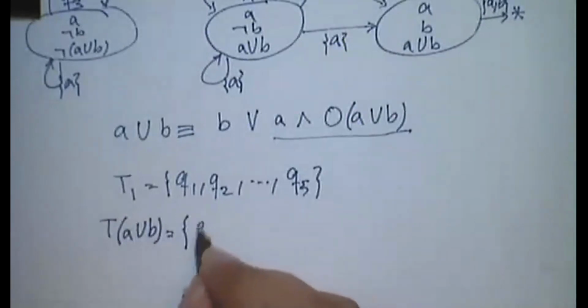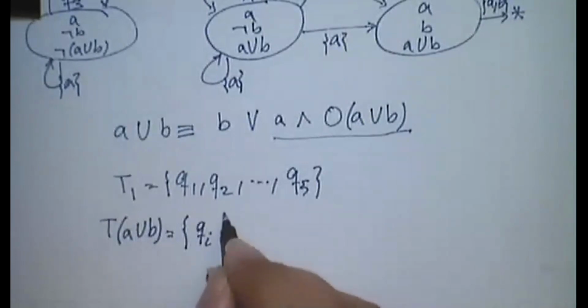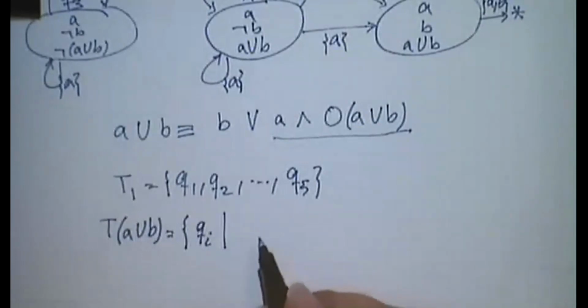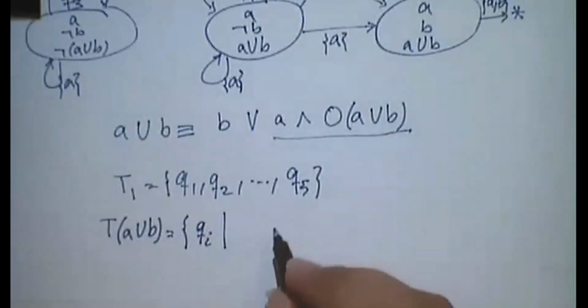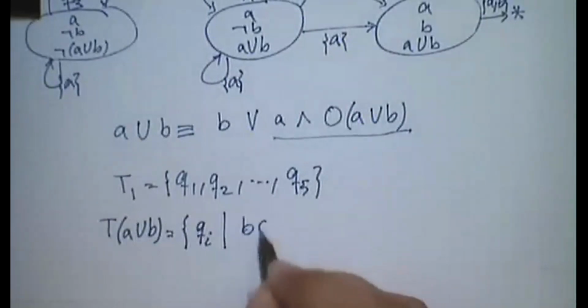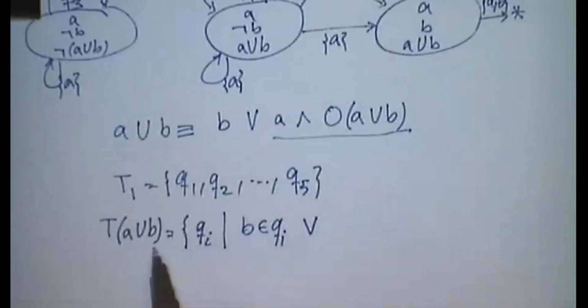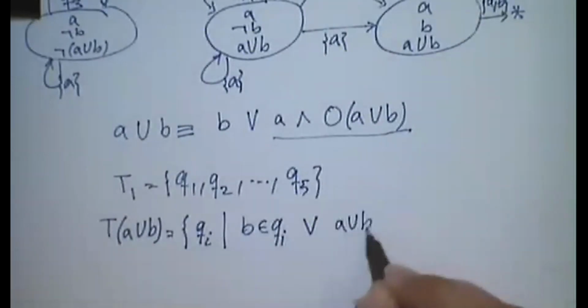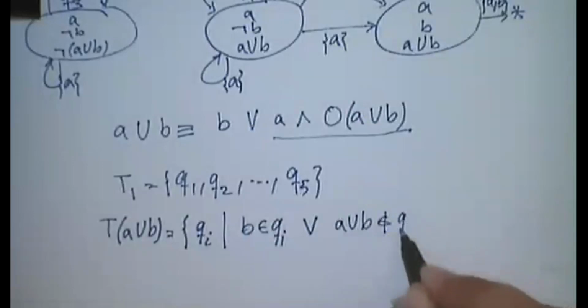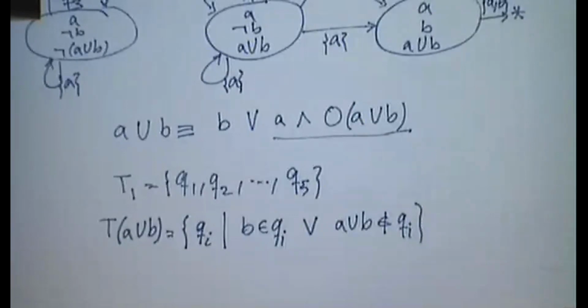The definition was that this is all the states Qi such that either B is in Qi or the A until B is not in Qi.